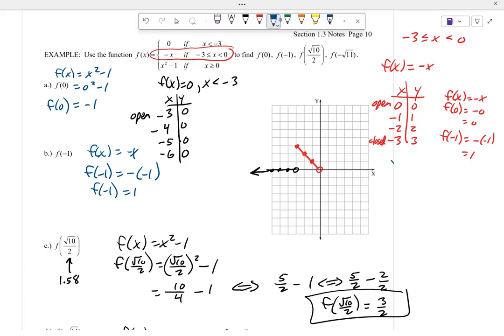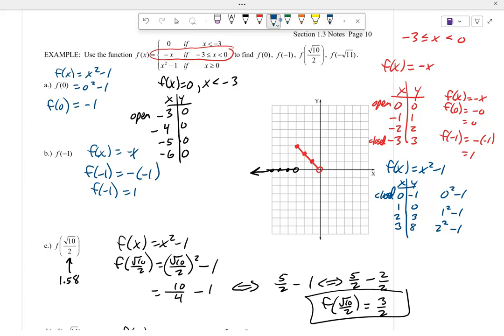The last one here, we have f of x equals x squared minus 1 for values greater than or equal to 0. So it's including the 0, and I'm picking values greater than or equal to 0. So I'm going to plug in the 0 first. Then I'm going to plug the 1 in next. Then the 2 in next. And finally the 3 in. 3 squared, 9 minus 1 is 8.